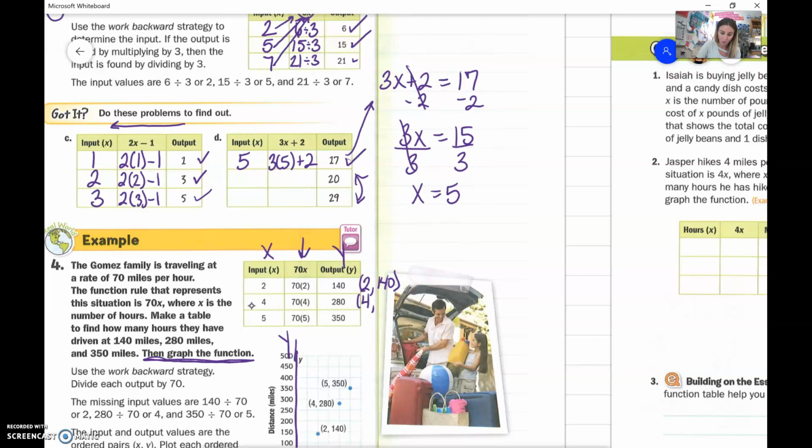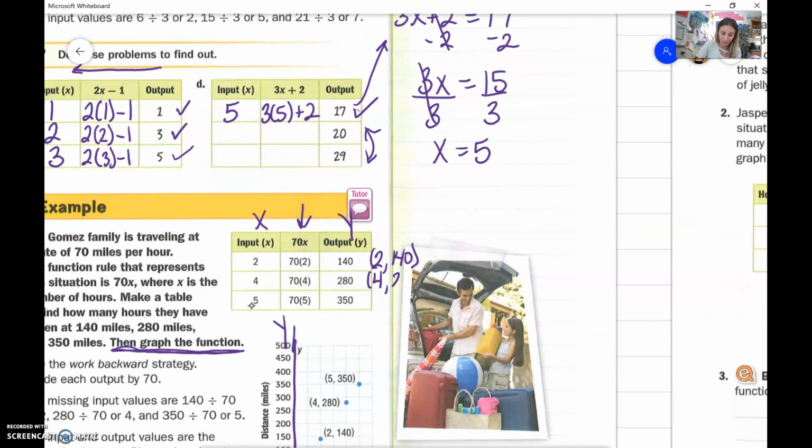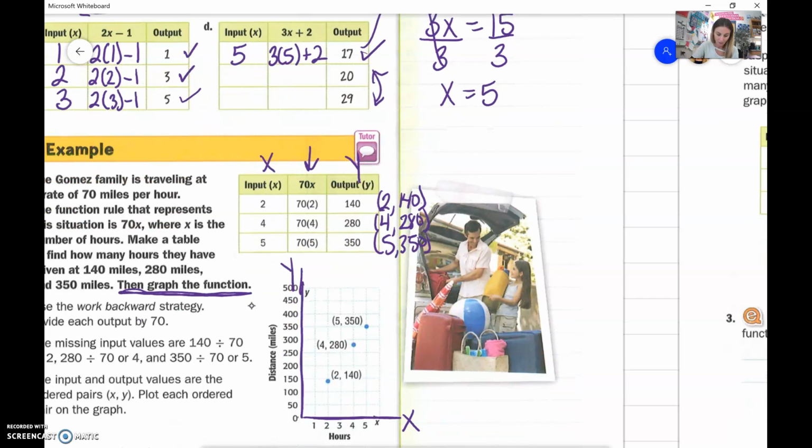All right, so 4 and 280, and then my x is 5 and 350. So notice we went 2 to 140, so just below that. We went to 4 up to 280 and 5 up to 350. Notice that is how it looks when we graph it.